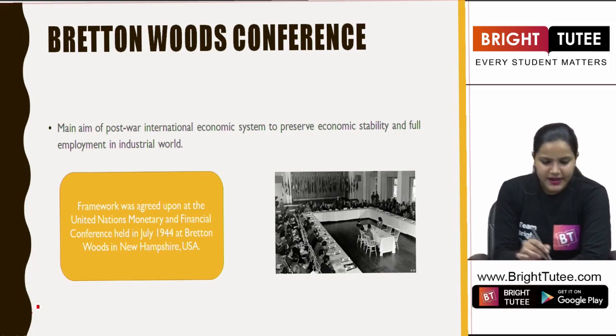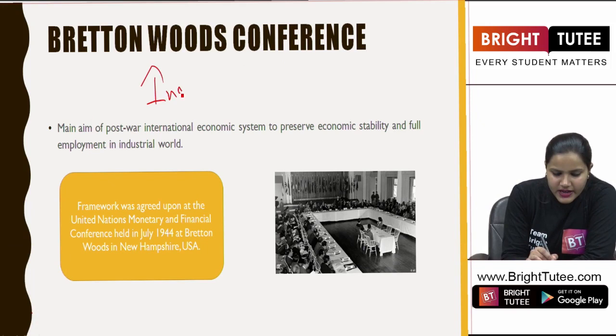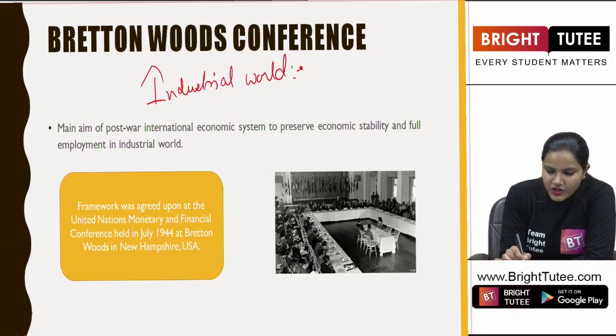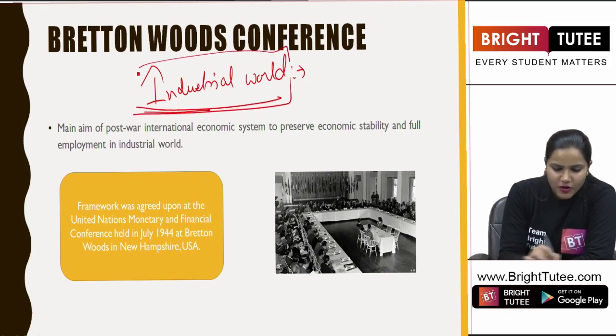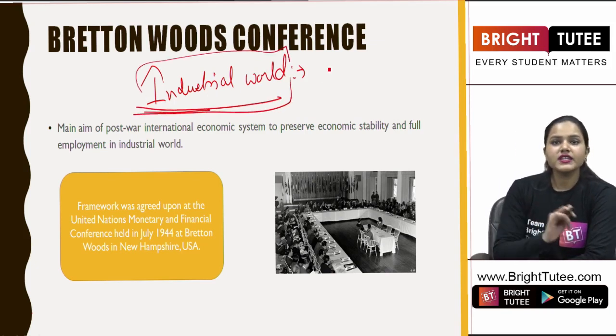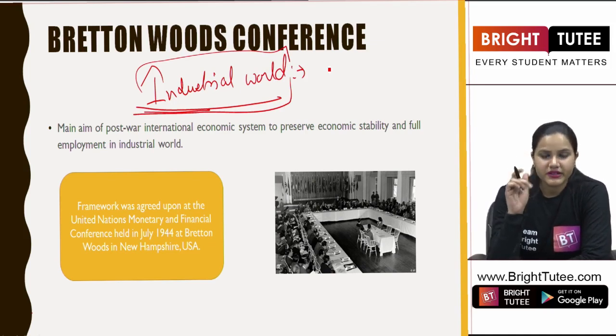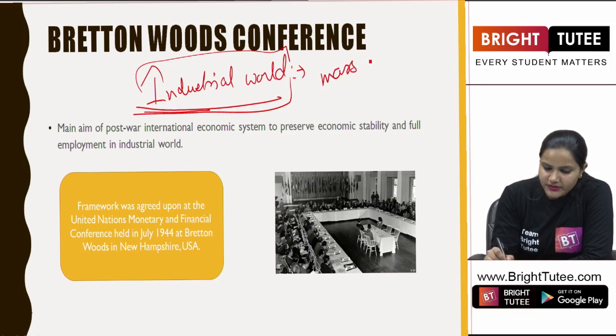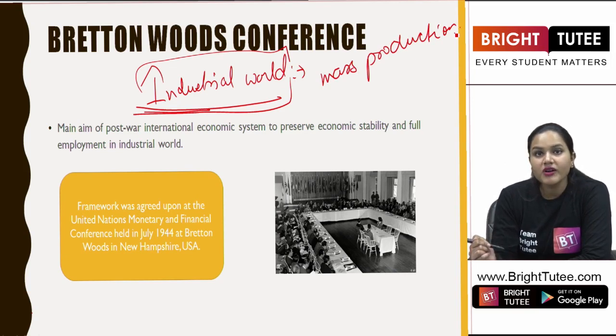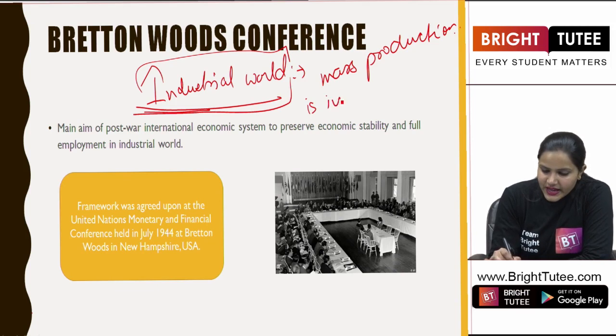The economists said that in any industrial world, mass production, I told you that you will know the term here, you have already read about mass production, is incomplete without mass consumption.